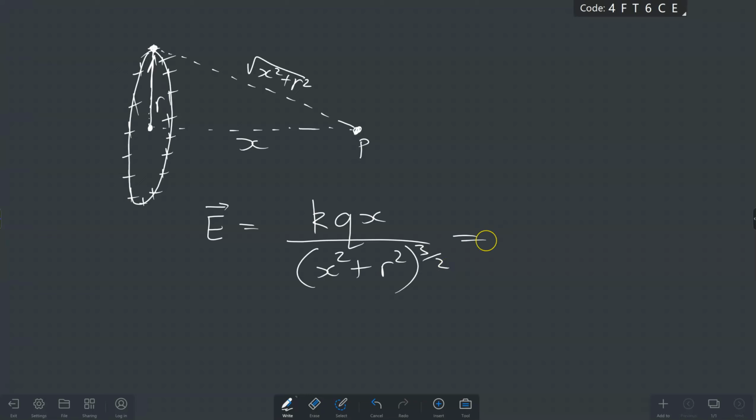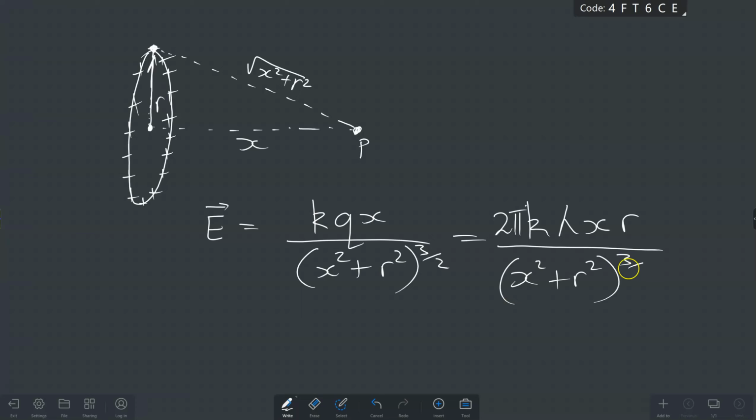And we also wrote another form of it, so it was K lambda x s, but s is 2 pi r because it's the circumference of that ring. So that was 2 pi K lambda x r over x squared plus r squared to the power 3 over 2.